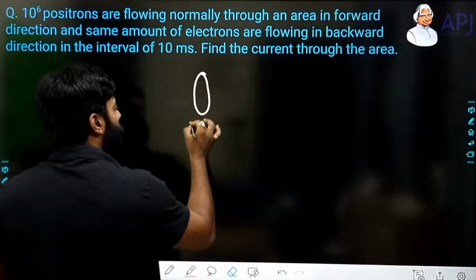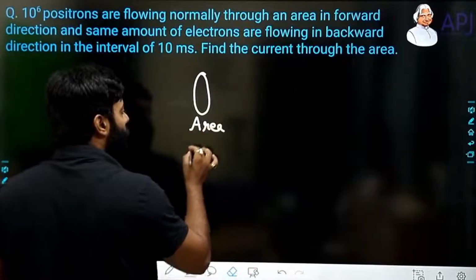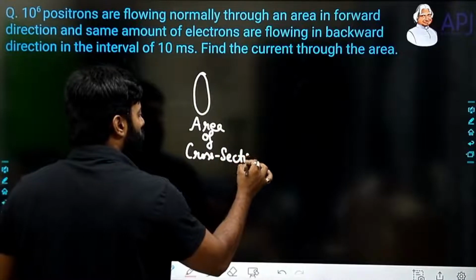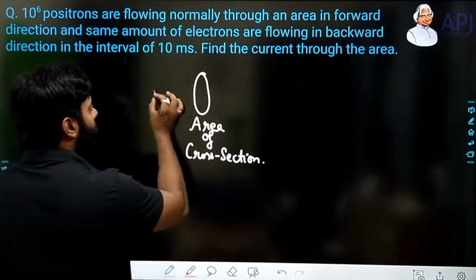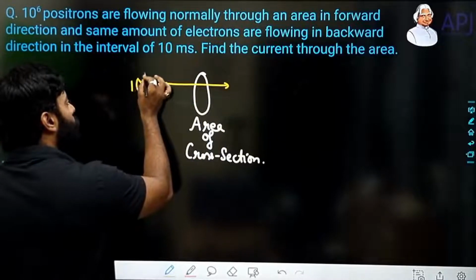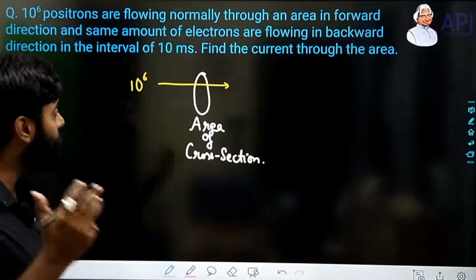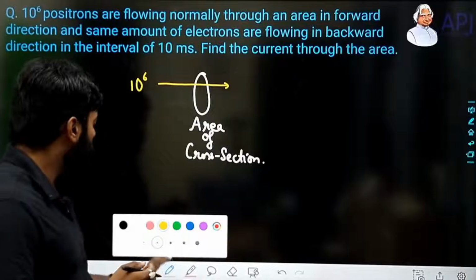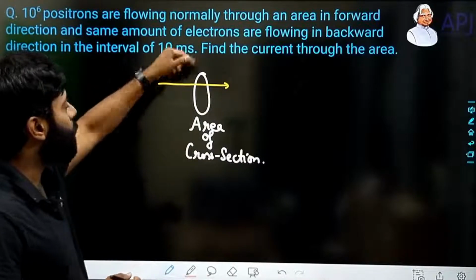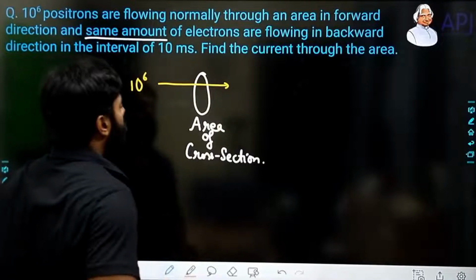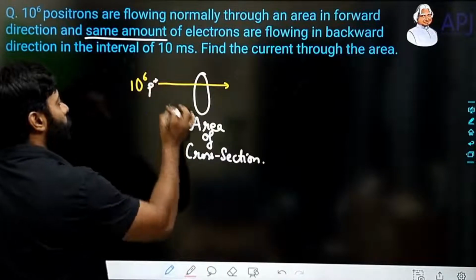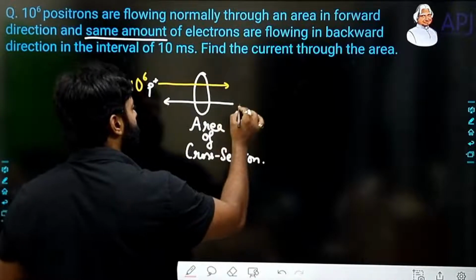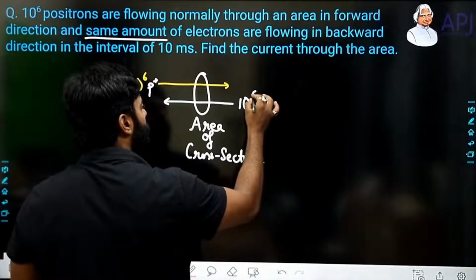Imagine you have an area of cross section, and through that cross section 10 to the power of 6 positrons are moving from the forward direction to the backward direction, and the same amount of electrons, 10 to the power of 6 electrons, are moving from this side to this side.